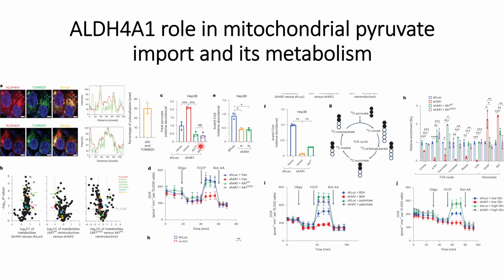They then quantified this in the HAP3B cell lines, where for the control vectors they see some pyruvate signals, and for the ALDH4A1 knockout they see high pyruvate signals.